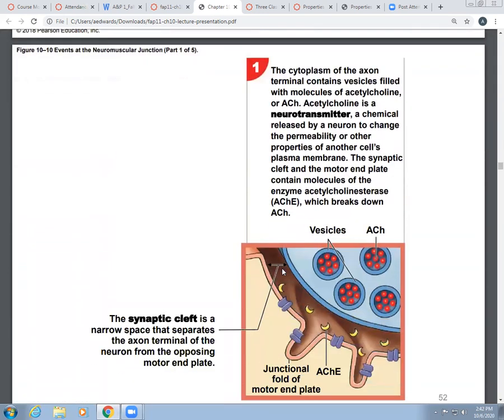All right, so what does that look like on the picture? So again, here's your vesicles inside of your axon terminals that have acetylcholine in them. Here's your synaptic cleft, space between the axon terminal and the motor end plate.